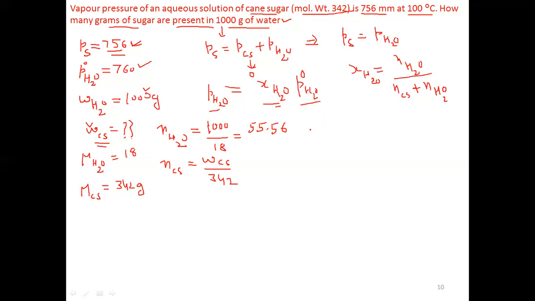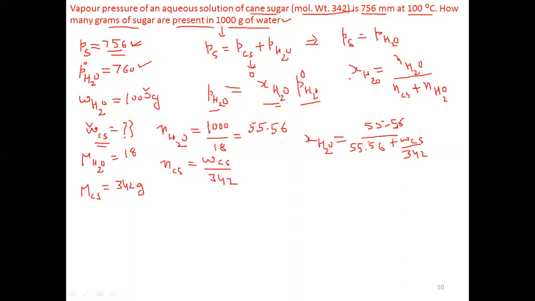So X water is equal to 55.56 divided by 55.56 plus W cane sugar divided by 342. Okay. Now put this value here.